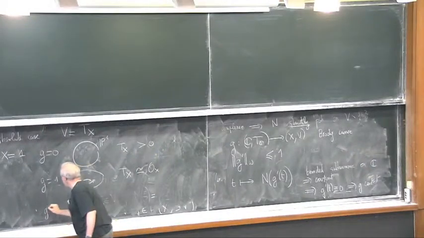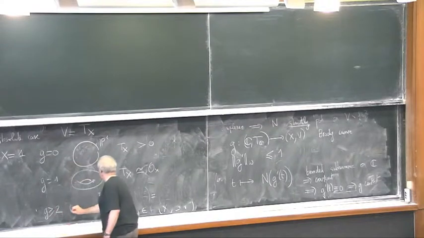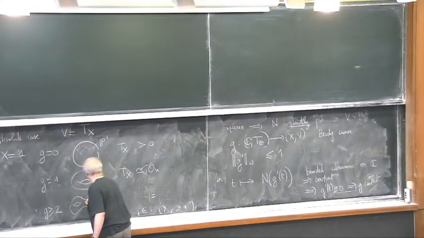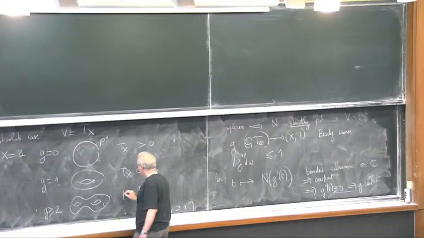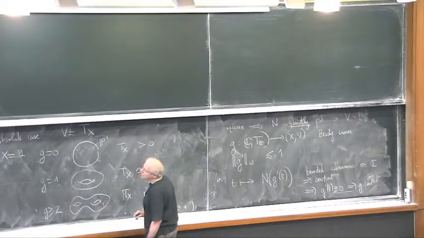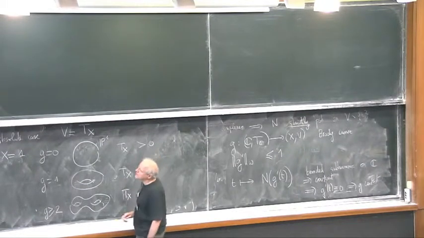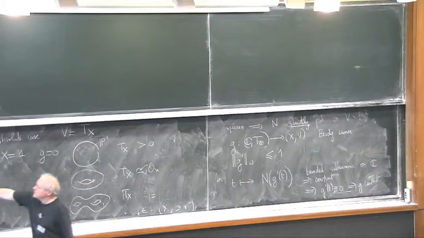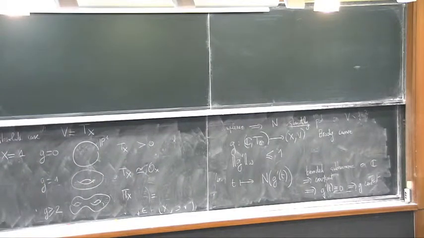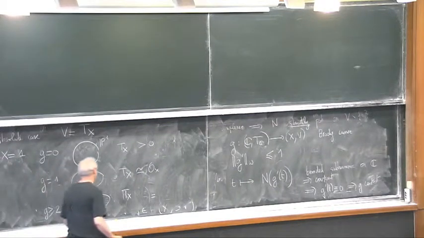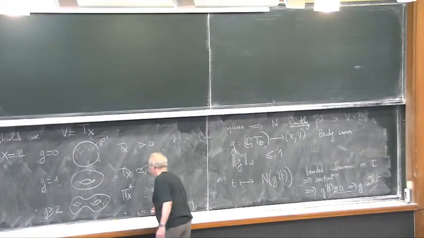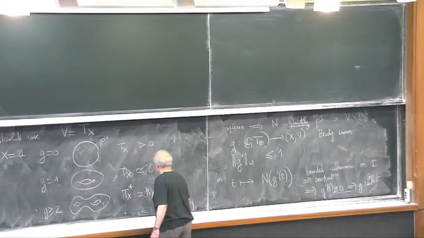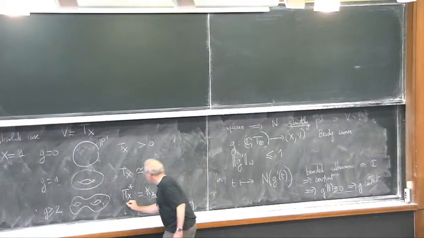And for genus at least 2, the canonical bundle is positive. T star X here is the dual of the tangent, just the canonical. And this is positive. T X is negative in that case.